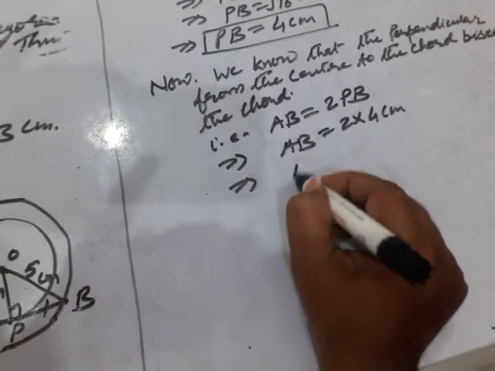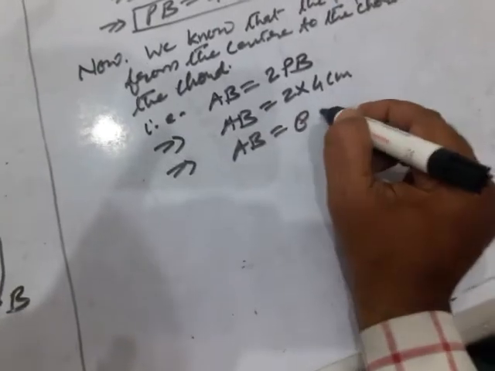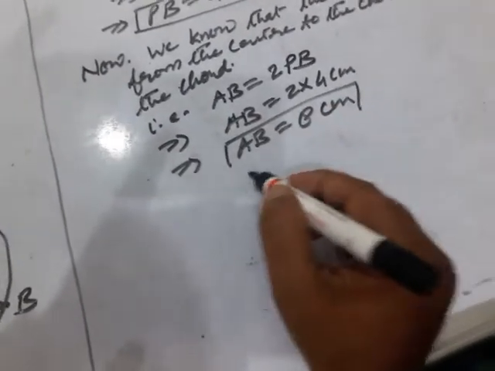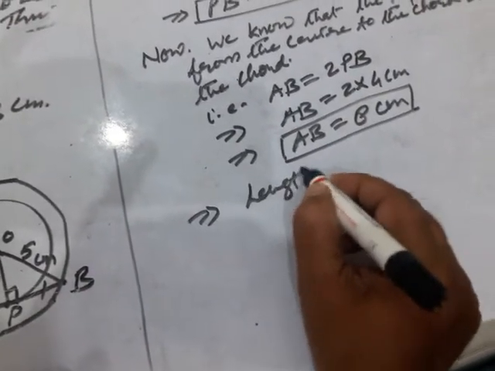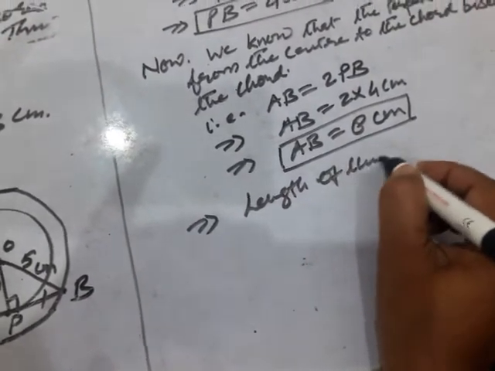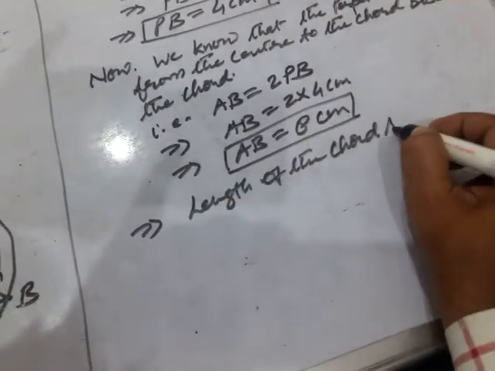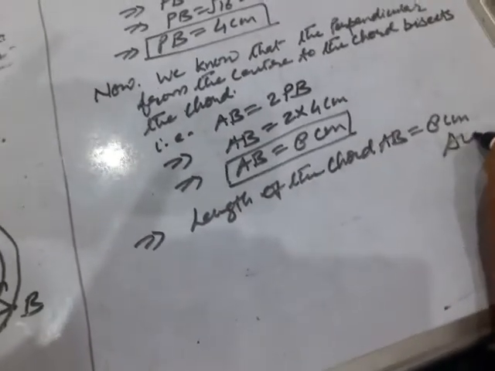Okay children, this implies that AB equals 8 centimeter. That is your answer. The length of the chord AB equals 8 centimeter, and that is your answer.